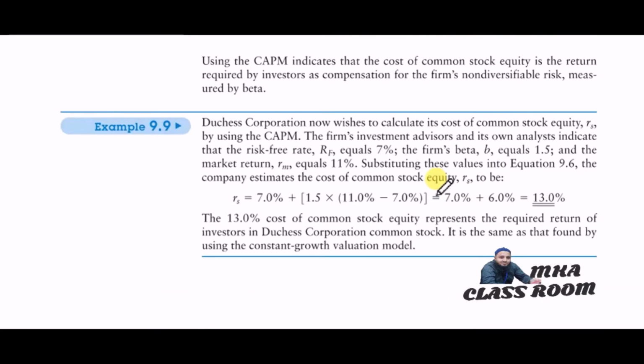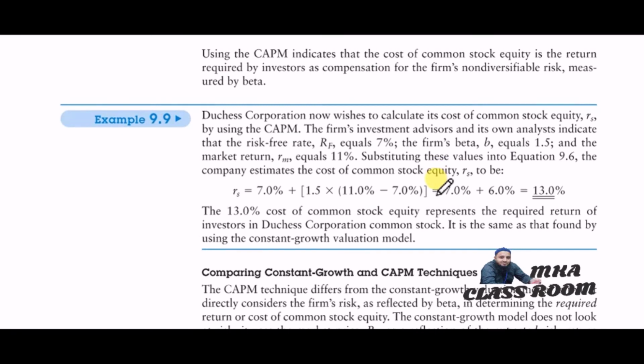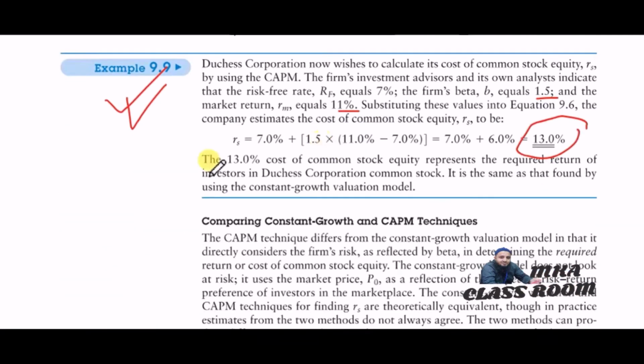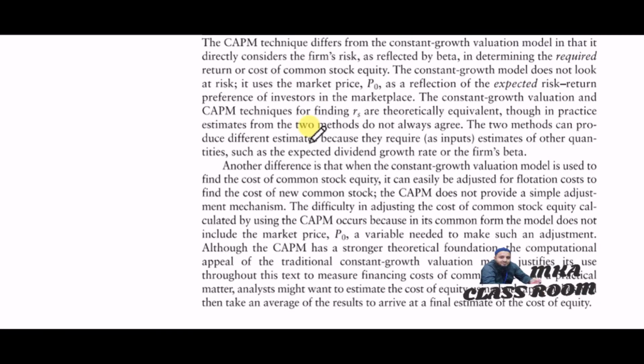So you can use this formula. Here the risk free rate is 7%, beta 1.5, market return 11%. Then our required rate of return is 13%. So you can use the CAPM also.